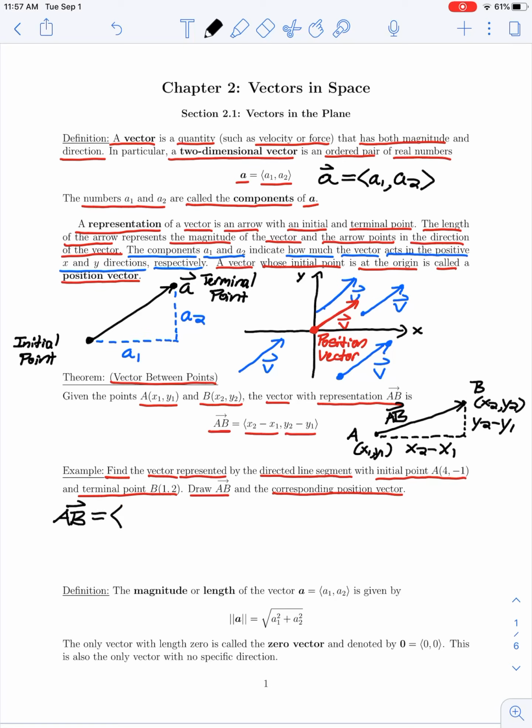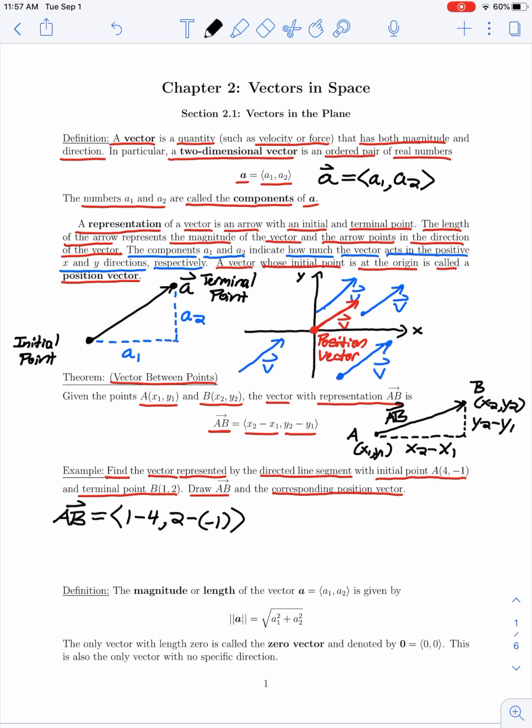So we said that the first component, or the x component of this vector, would be found by taking the difference in the x values. We take the terminal point where x was 1, and then we subtract the initial x value, which was 4. And our y component would be found by taking the difference in the y coordinates for these 2 points.